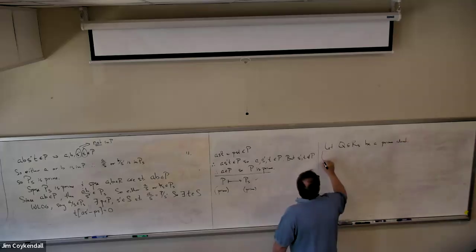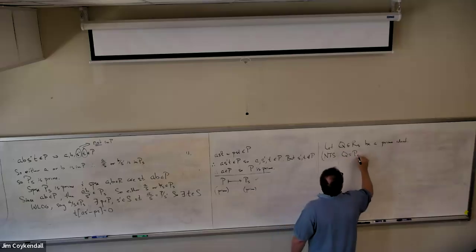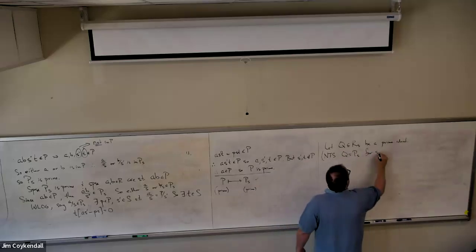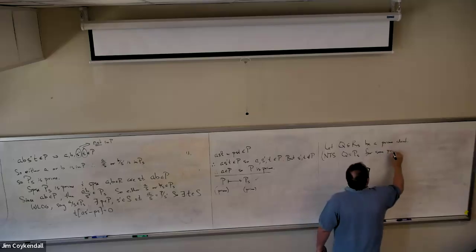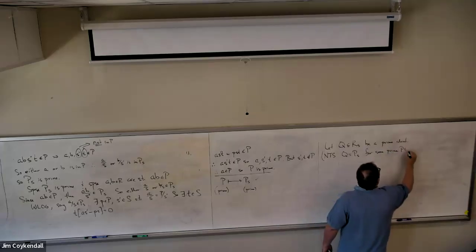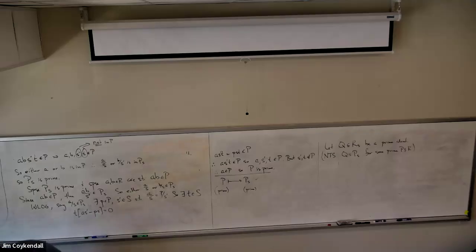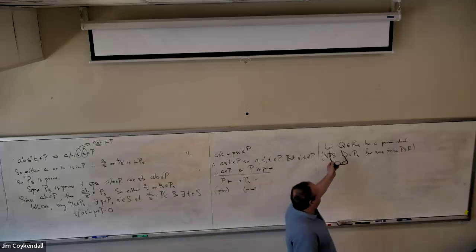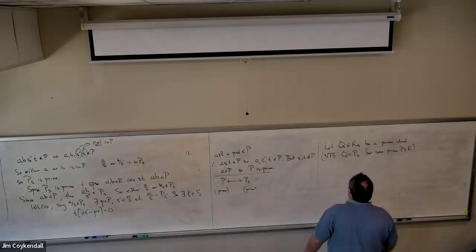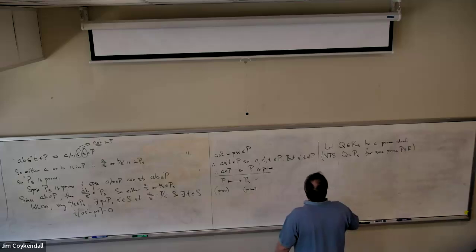And my goal here is I need to show that Q is equal to P_S for some prime P in R. And this is what I need for the correspondence. Now, how am I going to do this? Well, Q is some ideal that is contained in here.